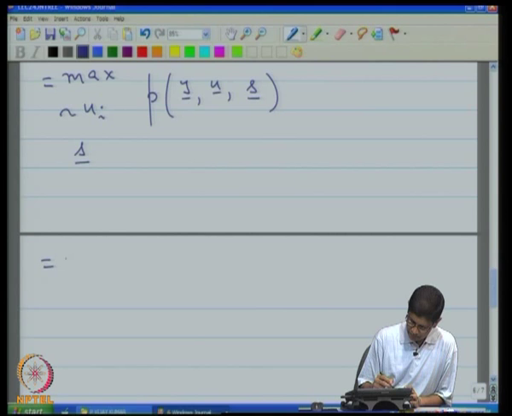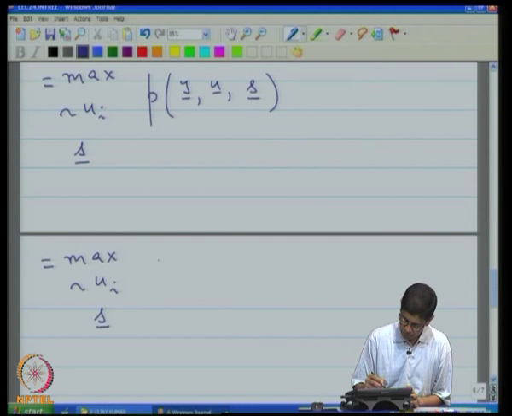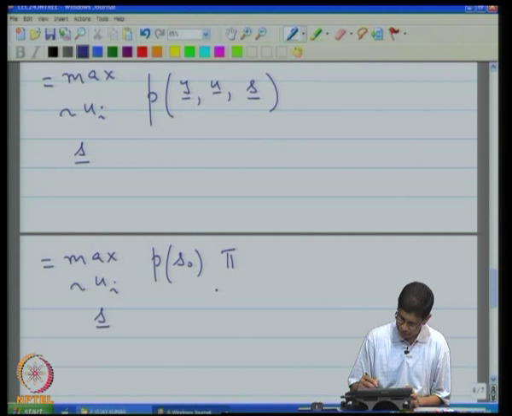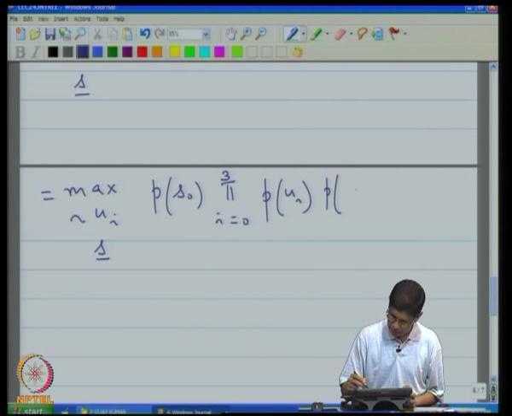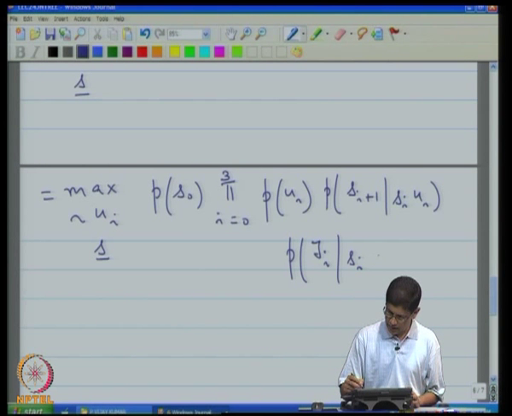as the max over tilde ui over all s of exactly the expression we had earlier: p of s naught, i equal to 0 to 3, p of ui, p of s i plus 1 given s i and ui, p of y i given s i and ui.